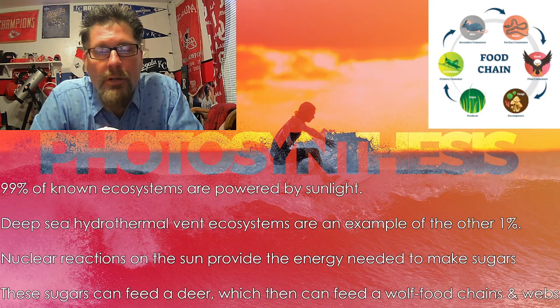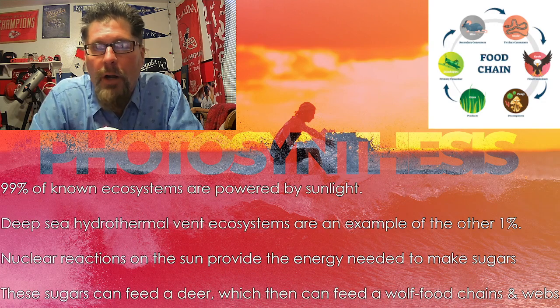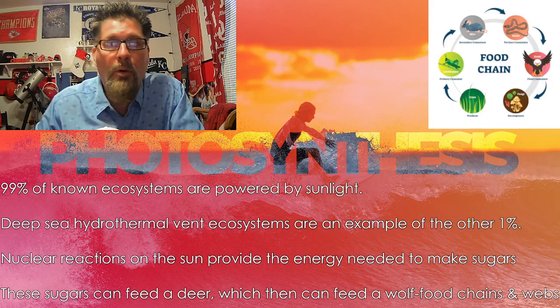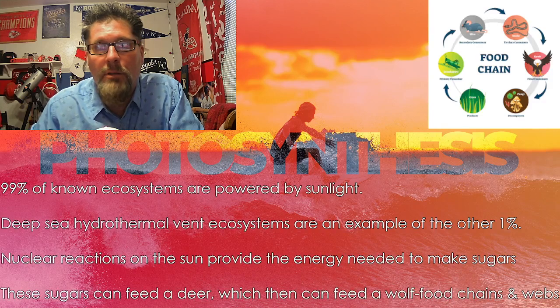The deer can feed off the grasses, and then something else, bear, wolf, whatever, comes along and eats the deer and just passes that energy along. Super important, and it just makes life available for all things.